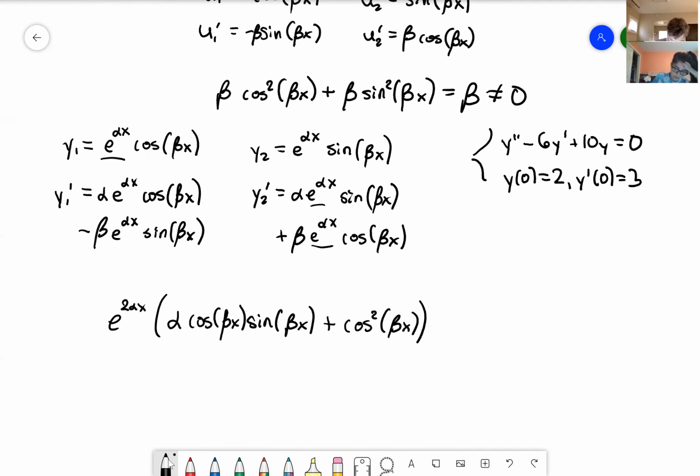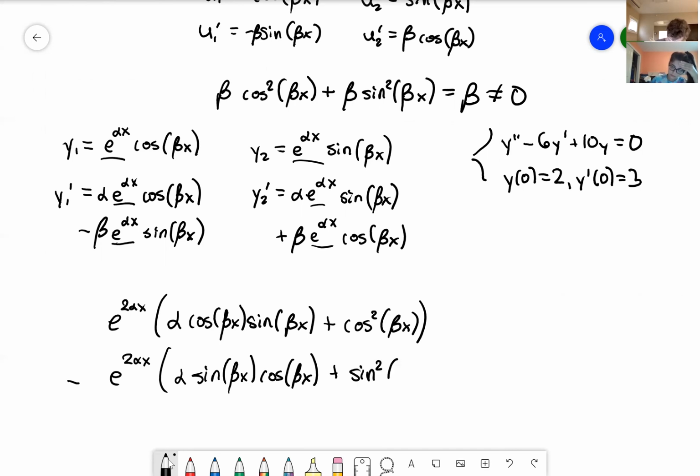And then minus e to the 2 alpha x, with a factor in each of them. And then here we have alpha sine of beta x cosine beta x plus sine squared beta x. And then, of course, these two will cancel out.